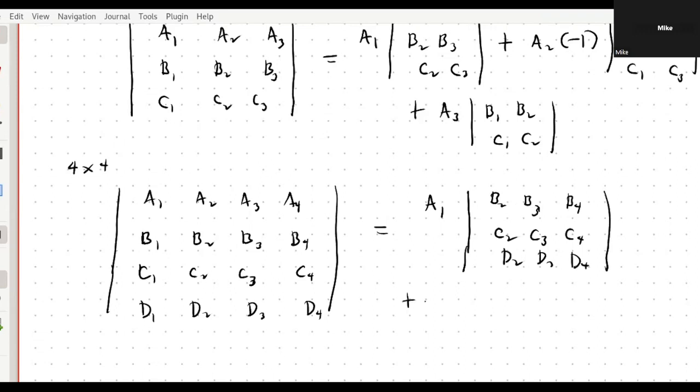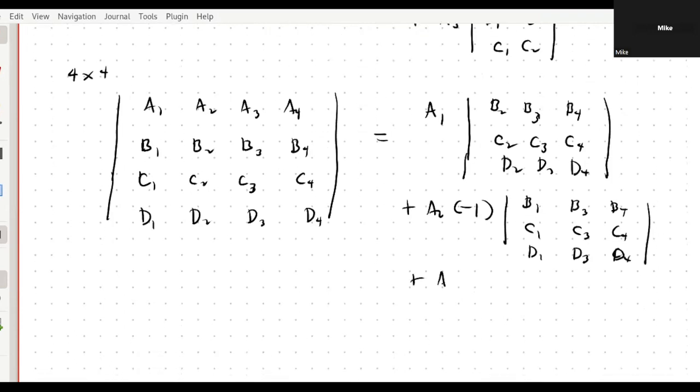Tapos A2, may minus sign, and then the minor would be B1, B3, B4, C1, C3, C4, and then A3 plus na. Tapos the minors would be B1, B2, B4, C1, C2, C4, D1, D2, D4.